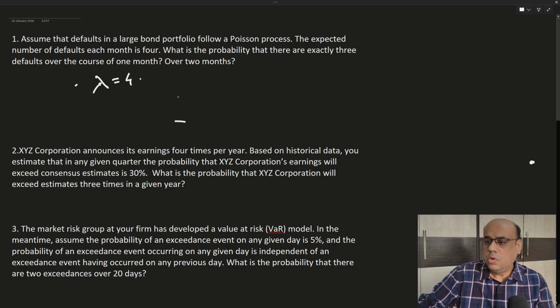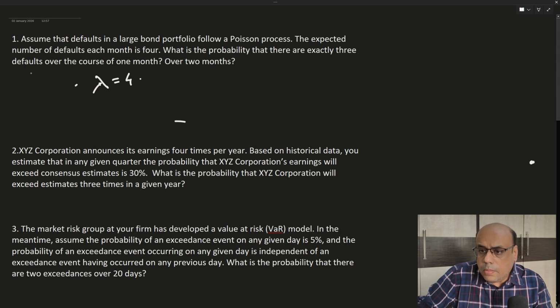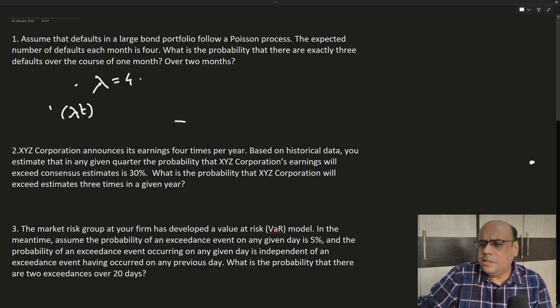So for exact 3 defaults, how we will do? Let us write the formula first. It takes maybe 30 seconds extra to write the formula, but you will never end up making any mistake because there are so many things to remember. This is the formula.